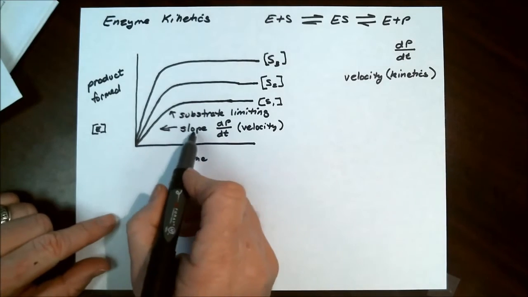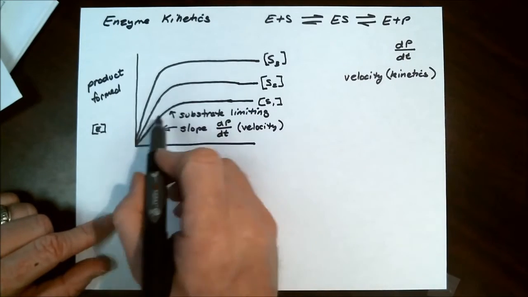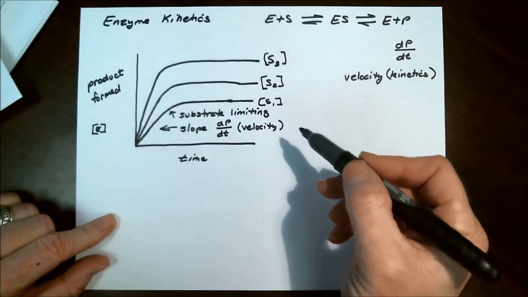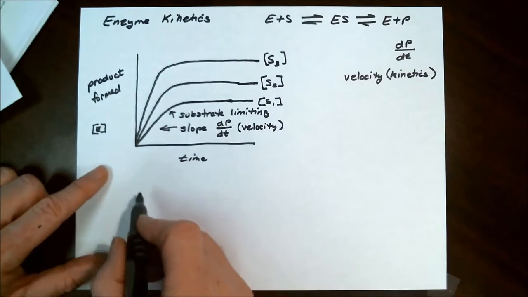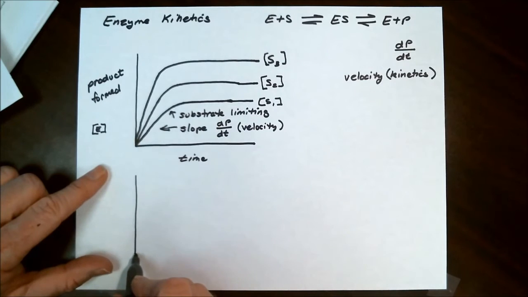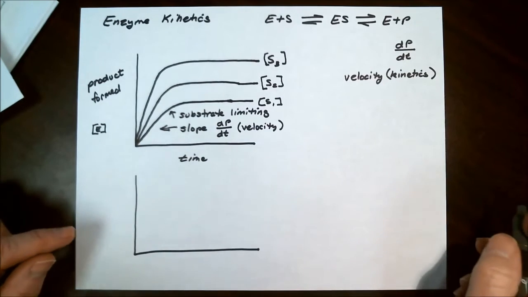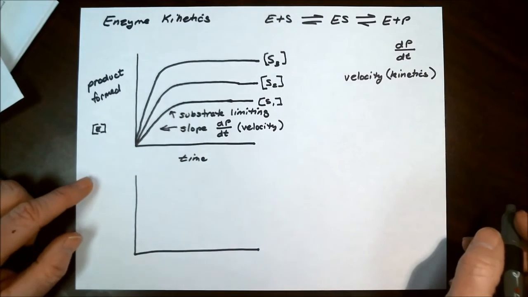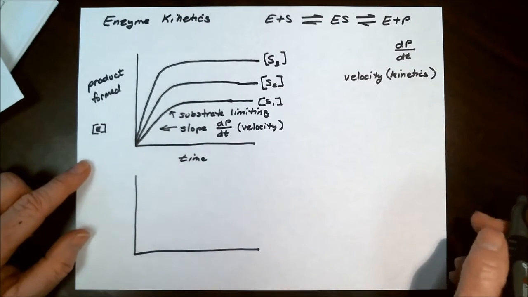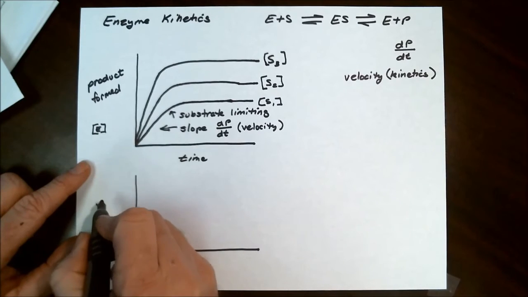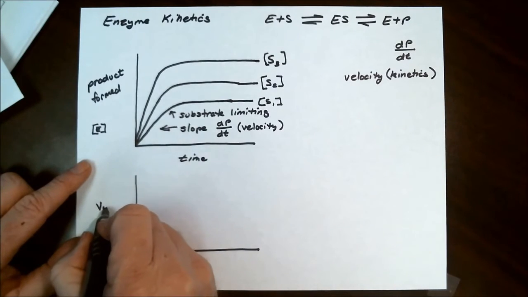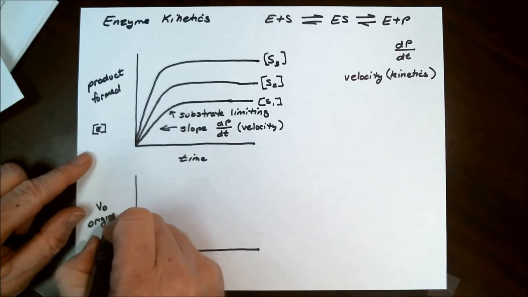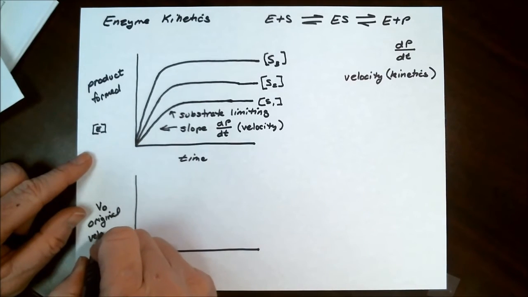Now notice we can calculate the slope for each one of the substrate concentrations that we did in these 3 separate experiments. Once we have this, and typically we use more than 3 substrate concentrations, typically we want to use at least 6 to 8 different substrate concentrations, we can determine velocity. We're going to call this V0, for original velocity.